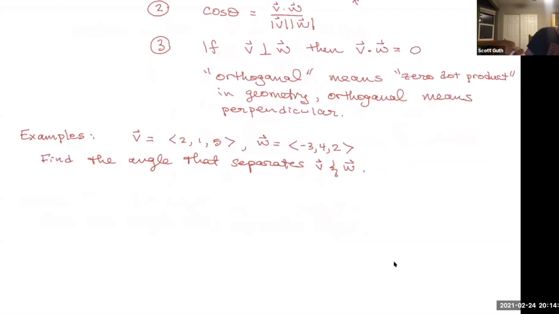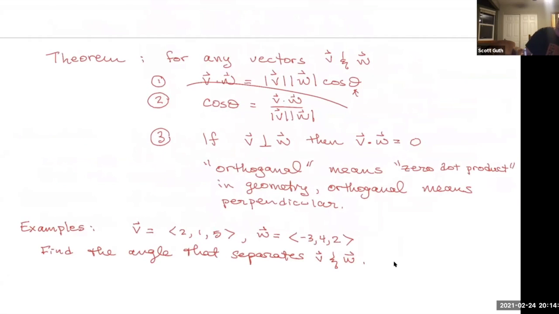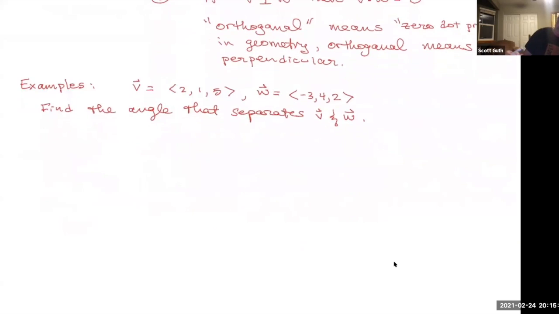Okay, so we know that we're really trying to get down to this thing here. In the end, we'll take a cos inverse to find what theta is. But we have to compute v dot w and the magnitude of v and the magnitude of w. So there's a few steps to do this. So let's go ahead and do v dot w.